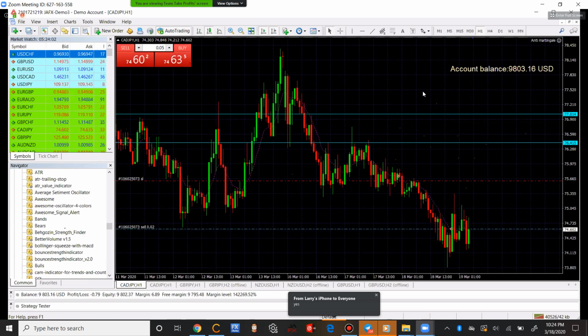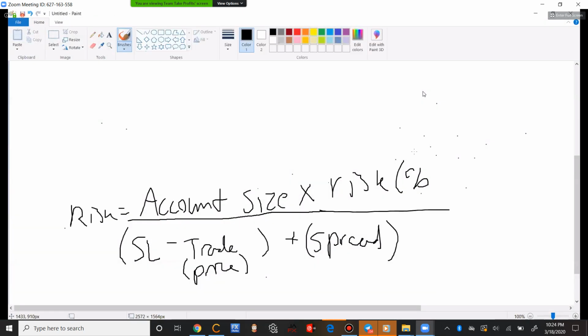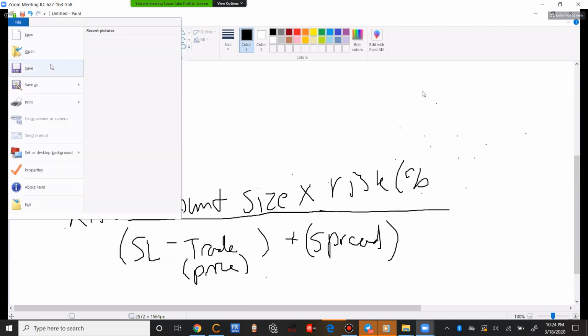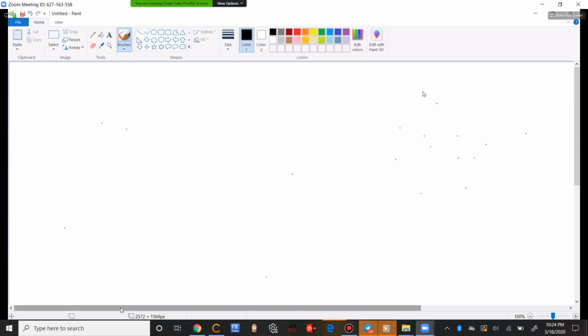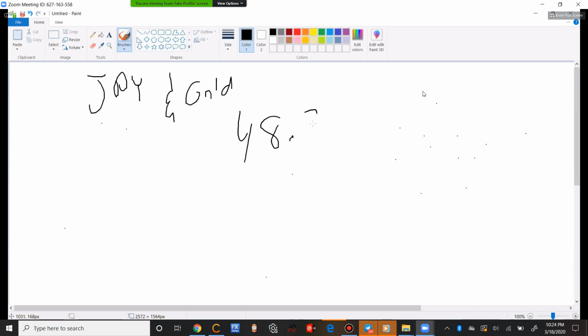Tom, you say from the second decimal, are you saying you count the two numbers to the right of the decimal? Okay, let me show JPY and gold. I'm just going to pull a number out here. This right here is the pip for JPY and gold.